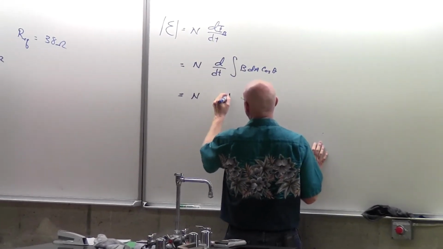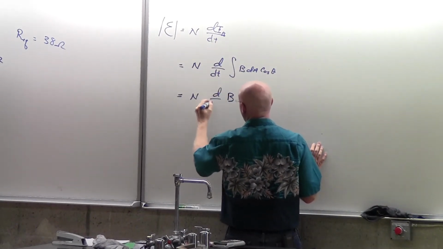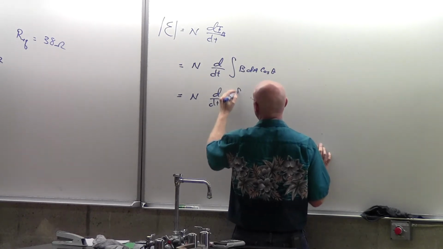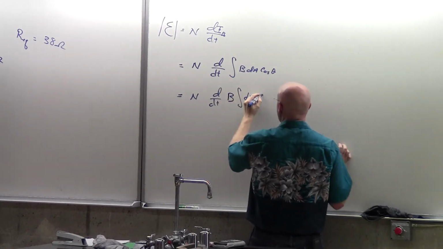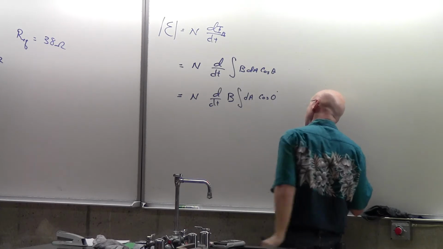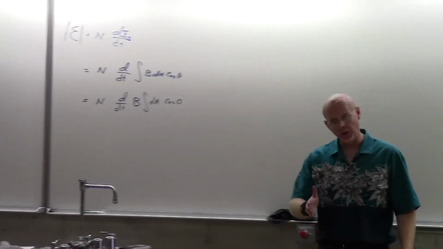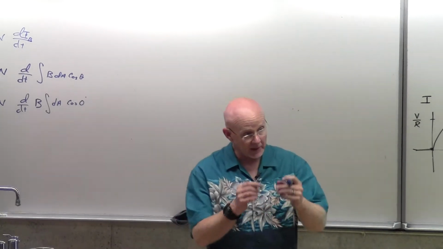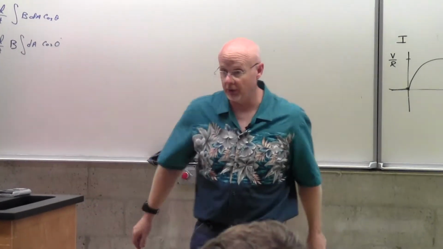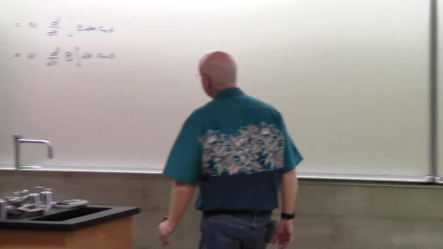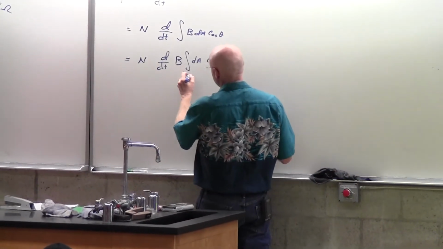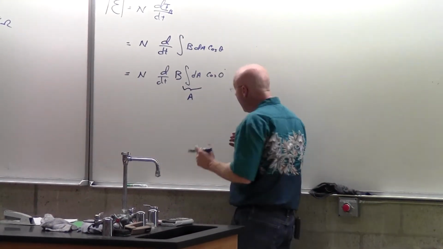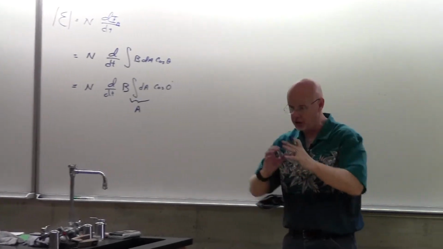I can pull it out of the integral. The other nice thing is that the field goes right down the tunnel part of the coil, so the angle between B and A is 0 degrees. And so this just becomes the area of where there is flux, which is the tunnel part.